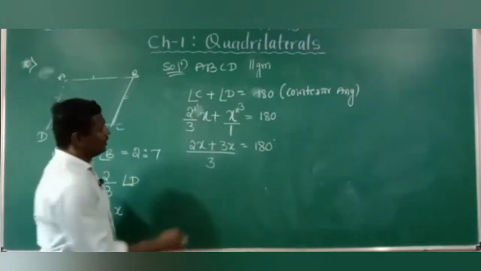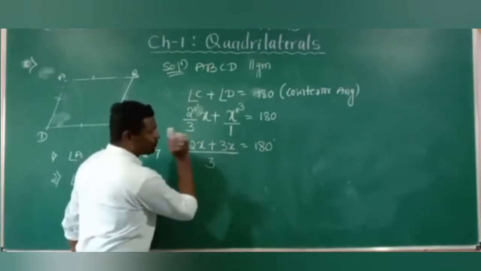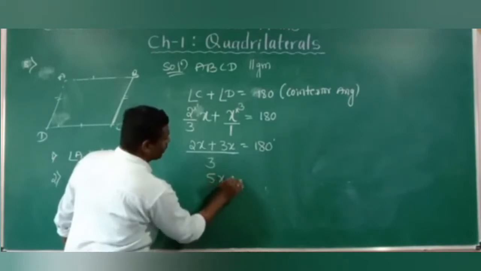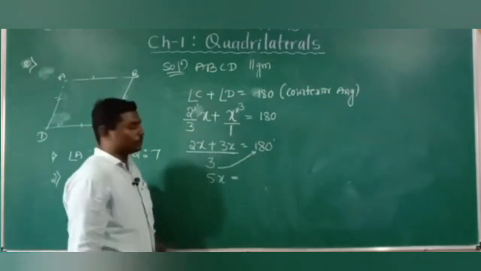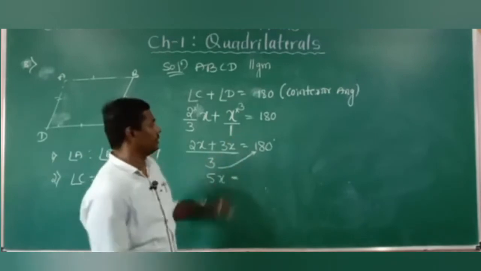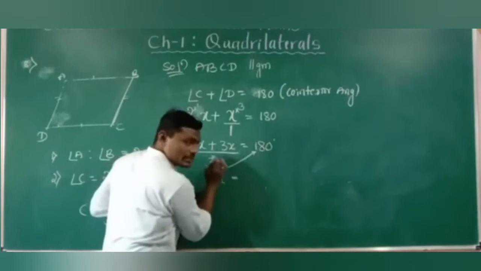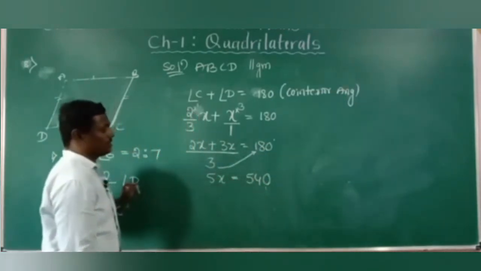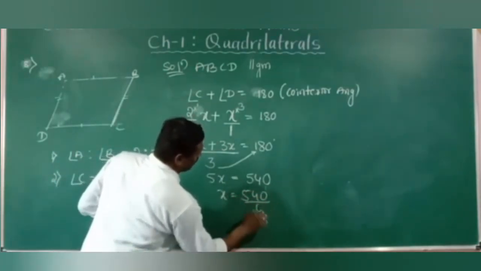Clear? Now write this numerator as it is: 2x plus 3x is 5x, which is equal to, multiply the denominator to the right part of the given statement. So just multiply 180 into 3. 18 threes are 54 and remaining 0 written as it is. So x is equal to 540 divided by 5.